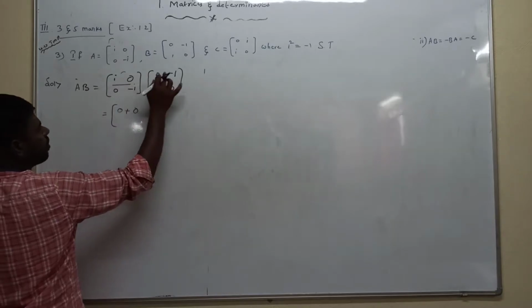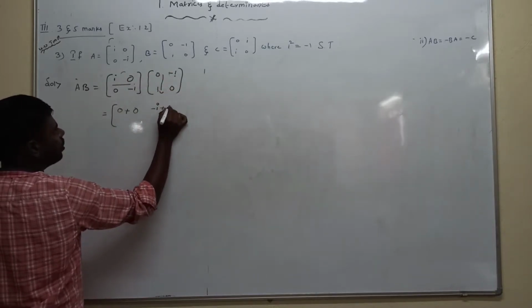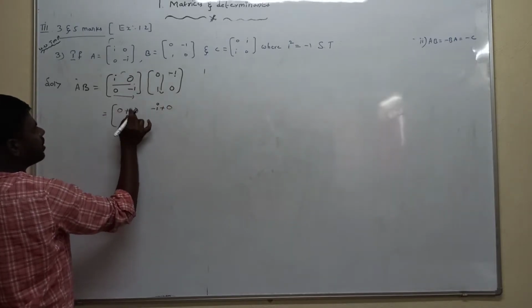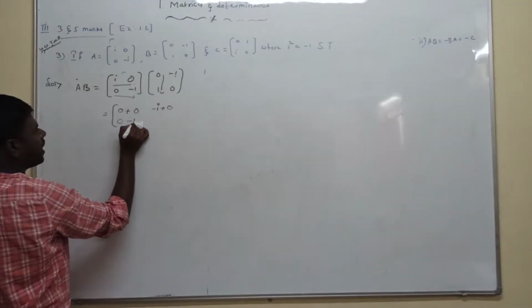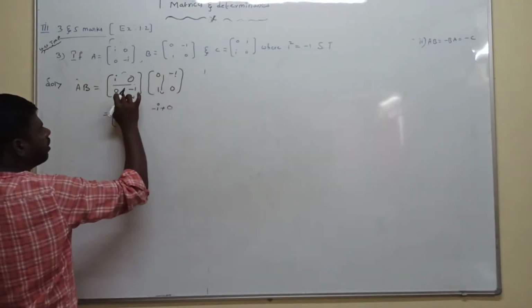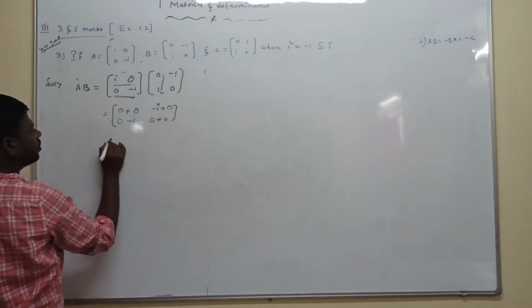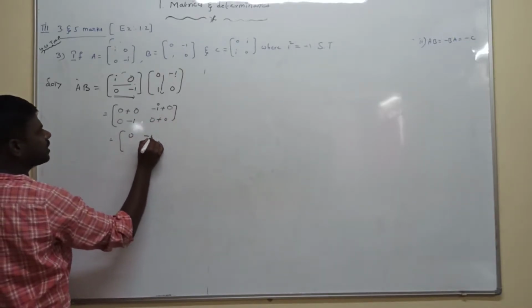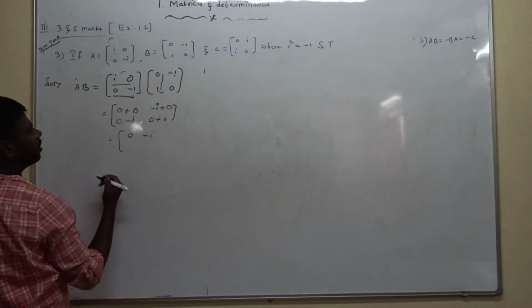Next product: I into minus 1 is minus I plus 0 into 0, 0. Next, second row, first column: 0 into 0, 0 minus 1 into 1 is minus 1. Second row, second column: 0 into minus 1 is 0 plus minus 1 into 0 is 0. So 0, minus I, into 1 is minus I. This is not 1.